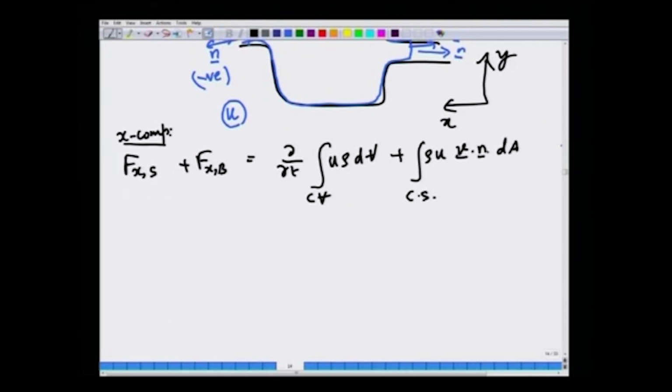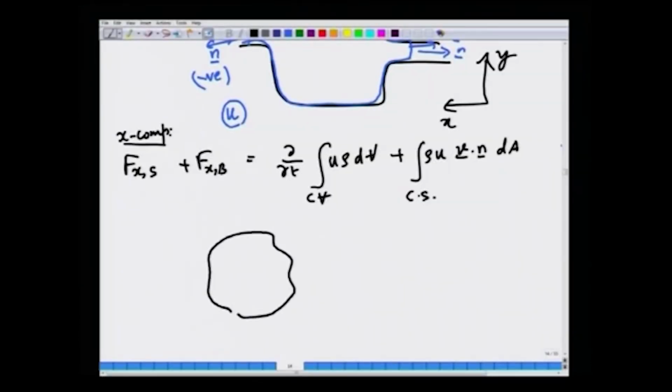This is all that you have to do for the x component. Similarly, you can write down equations for the y and z components, which we had done in the last lecture, but I will not repeat that. It's fairly similar.